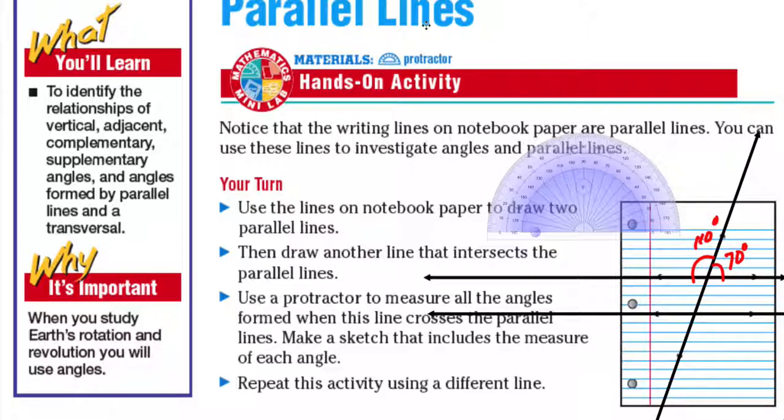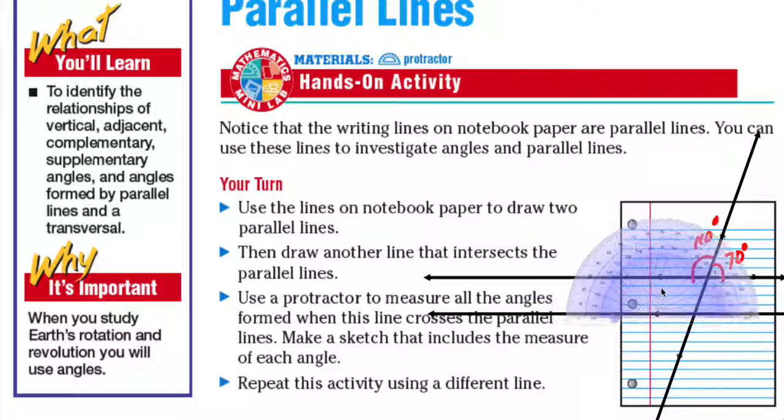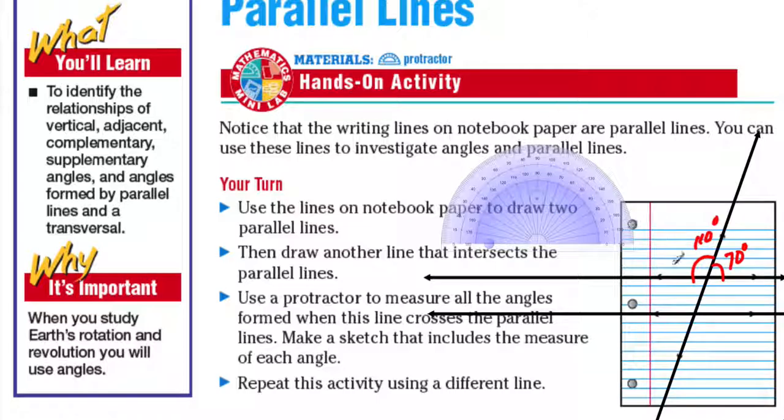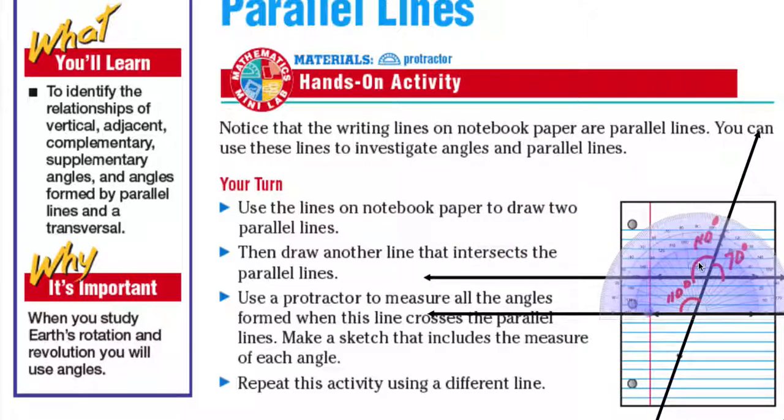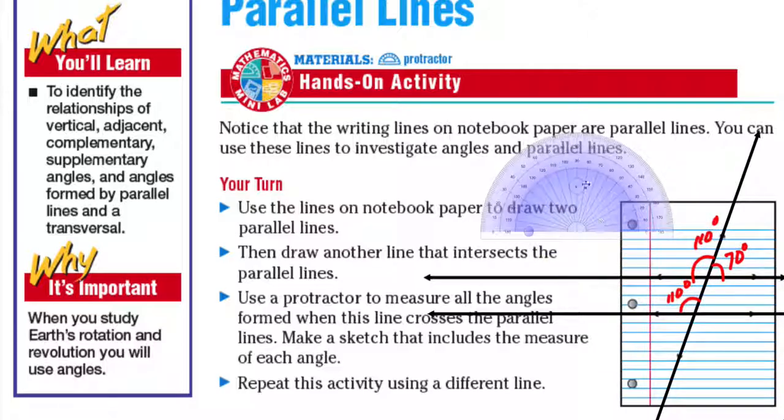Getting my protractor again, I'm going to measure this angle right here, and that is also 110 degrees. This opening right here is 70 degrees, so this is also 70 degrees.